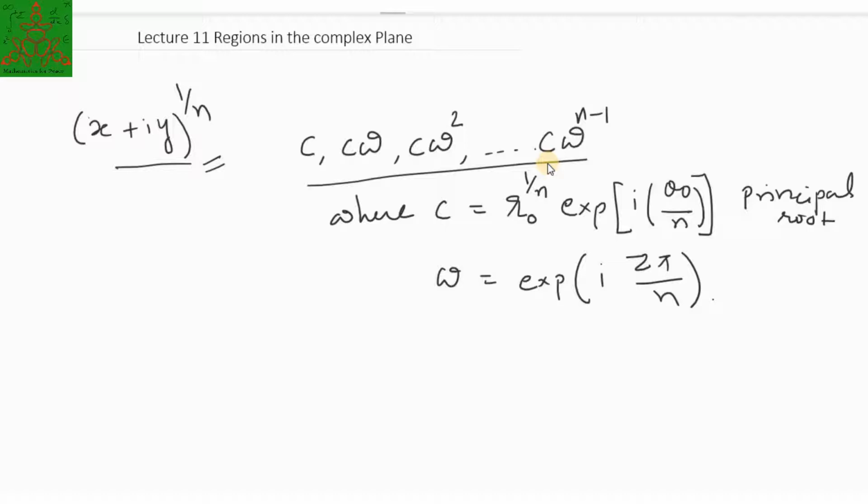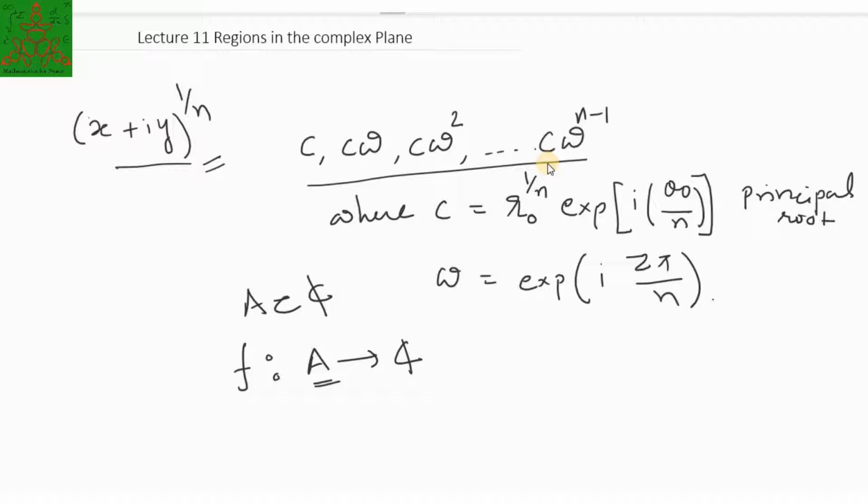In this lecture we are talking about a very important concept called the region in a complex plane. Consider a function f defined from A to C, where A is a subset of C. Then we know that A is a domain. In general, whenever a function is defined, we can say that A is its domain.